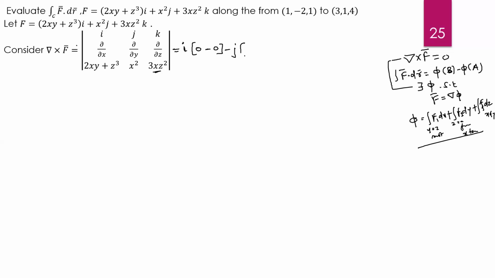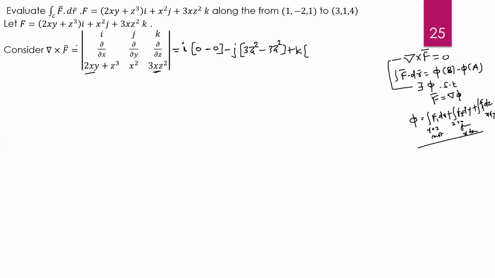Minus the minor of j, deleting its row and column: the derivative of this term with respect to x, that is 3 times z square, minus the derivative of this term with respect to z. There are two terms. The first term's derivative is 0 because z is not there. Now z is present in the second, and the derivative of z cube is 3 times z square.